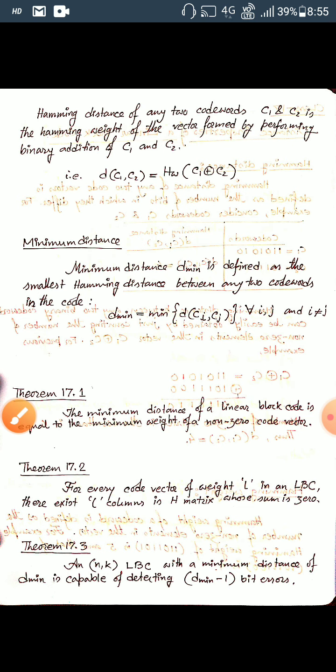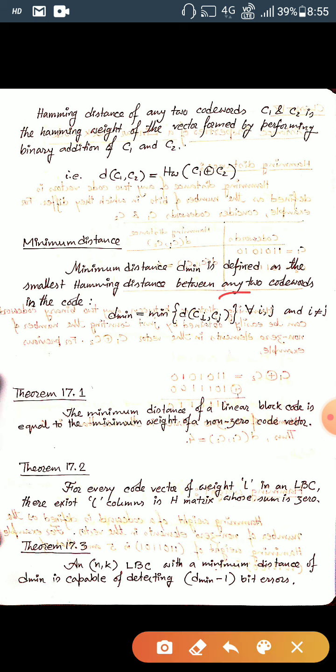So it is defined as the minimum distance between any two code words in the code. So here, D min is defined as the minimum of d(Ci, Cj), that is, d is the Hamming distance for the two code words Ci and Cj, and it should be remembered that i is not equal to j.